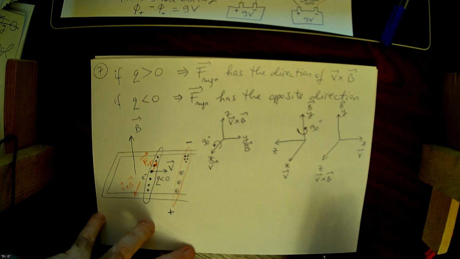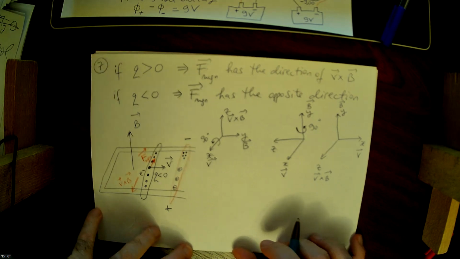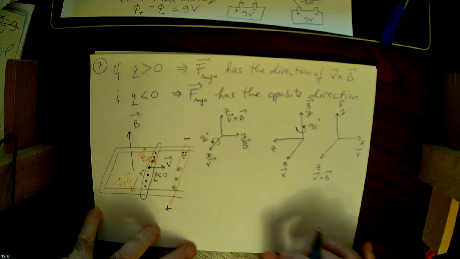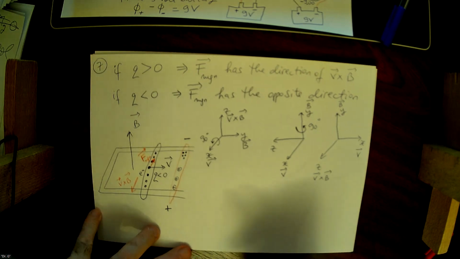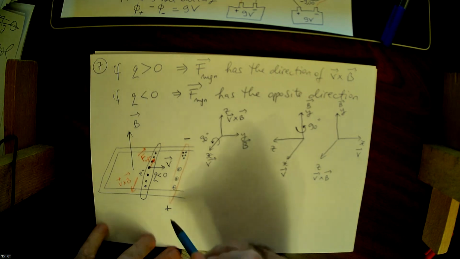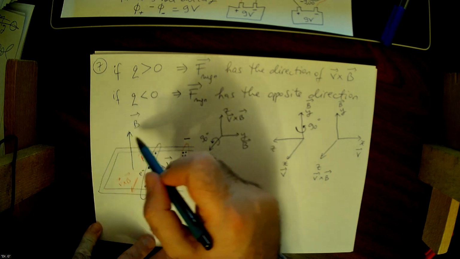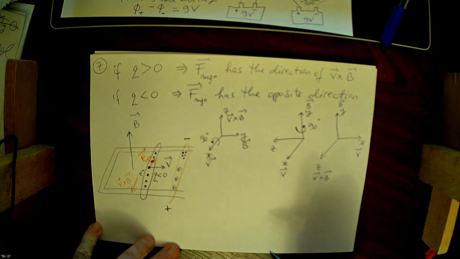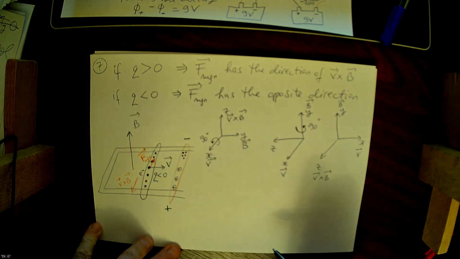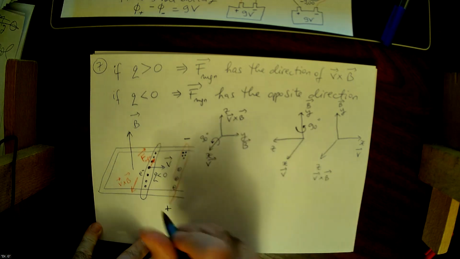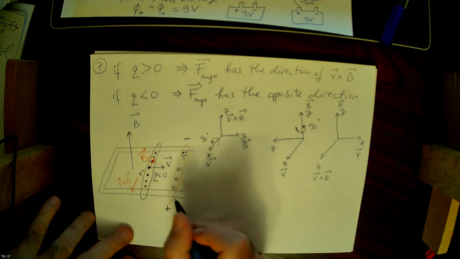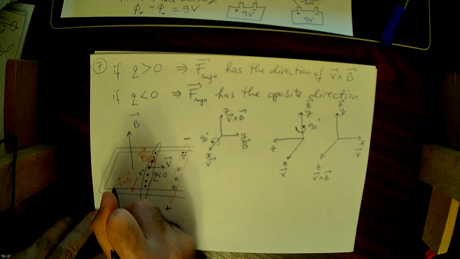If I have a battery like this, it will produce a current from the plus to the minus side along the external circuit. So we can see that the induced current must flow this way.